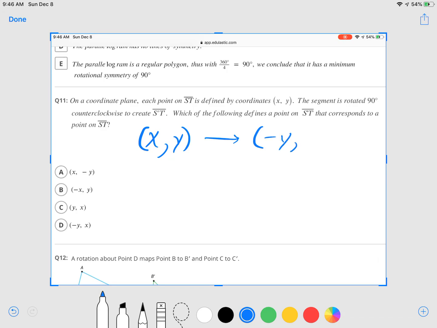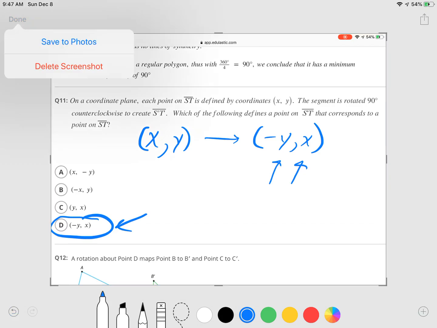The formula is negative y comma x. So you switch the y and the x, and then you change the sign of the coordinate on the left. Okay, so that's this one. Also, it's slightly confusing the way it's worded because it might make you think that it's asking to go backwards from the image to the preimage, but it's not. It's just asking straightforward. You're going from ST to S prime T prime, and it's a 90 degree counterclockwise rotation. So it's just this rule here.